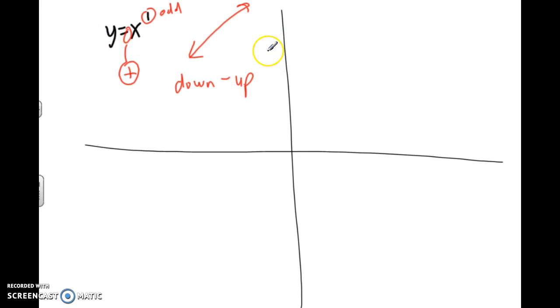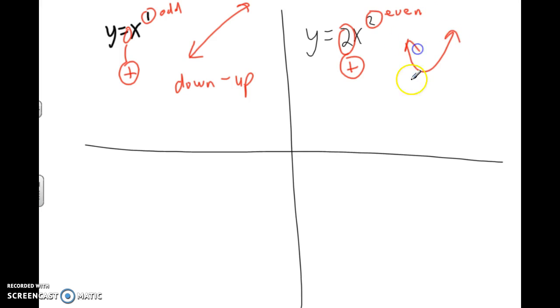If the graph is of something like y equals 2x squared, for example, this is a positive number here, so this is positive, and this is even. So when it's positive and even, the graph is going to look like this. We would describe it as up, up.